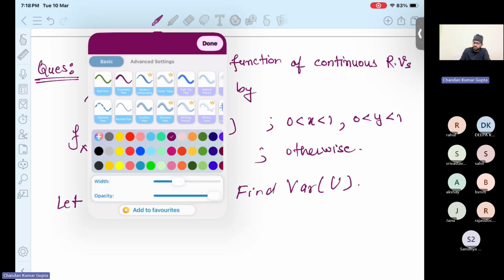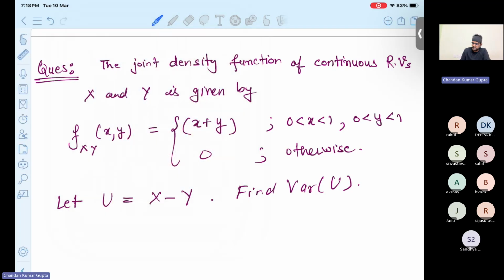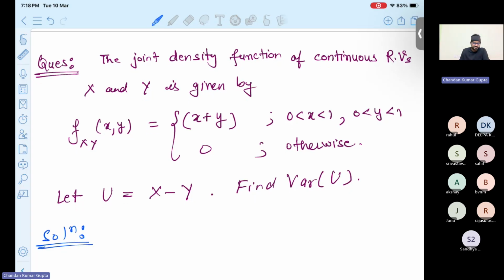Anyone know how to proceed? We are given the joint distribution. We need to find the variance of U, and the variance of U can be calculated only if we know the distribution of U, which is X minus Y. So let's solve this.